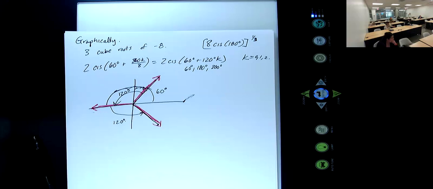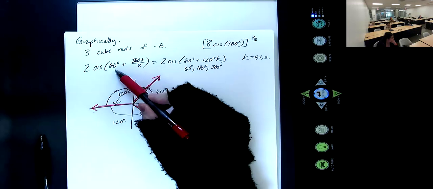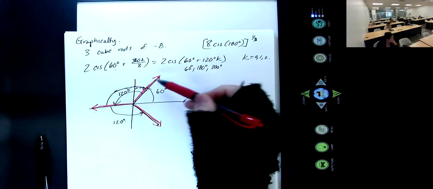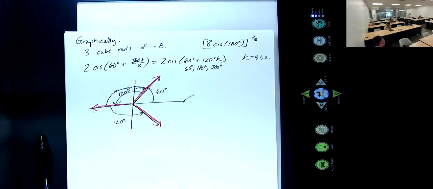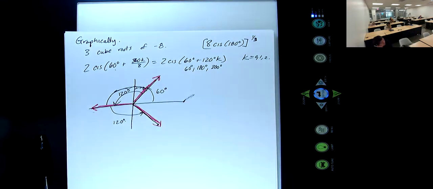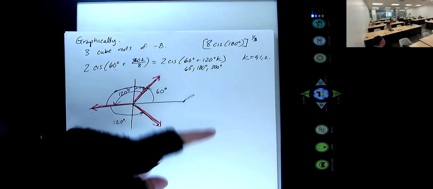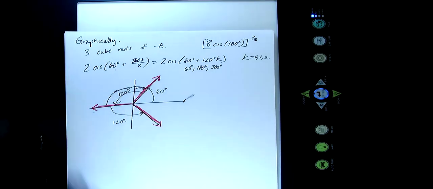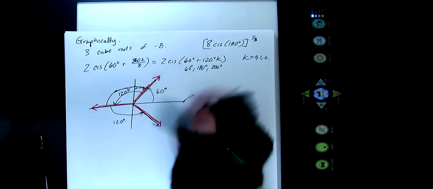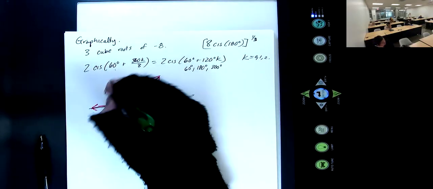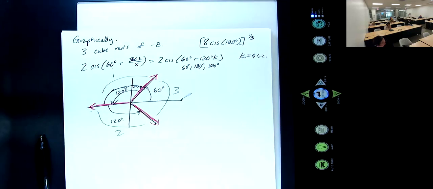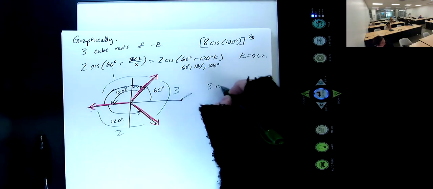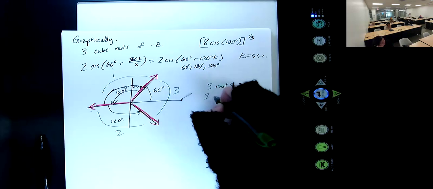Once you find what this starting angle is, you're really just breaking up the circle into the number of roots. So you see that? We broke up the circle into 3 wedges. This is wedge 1, wedge 2, wedge 3, 3 roots, 3 wedges.